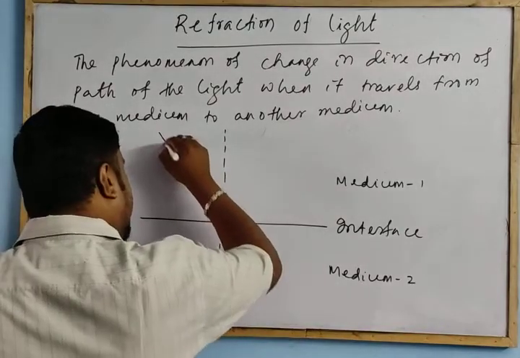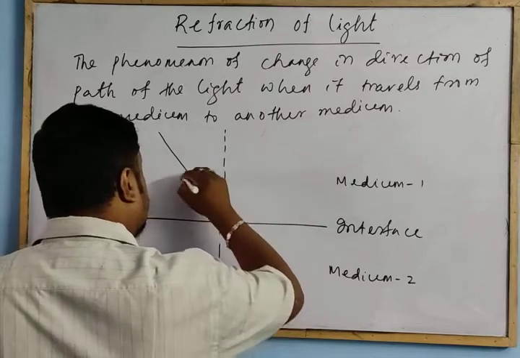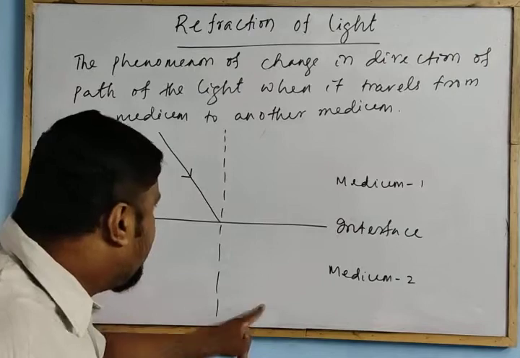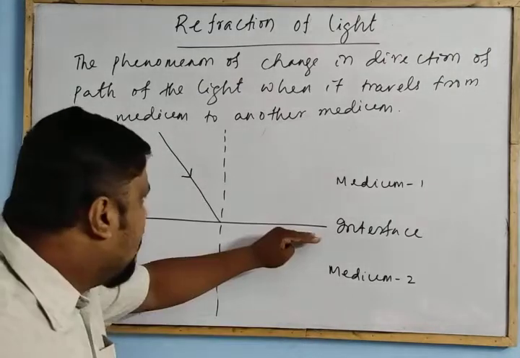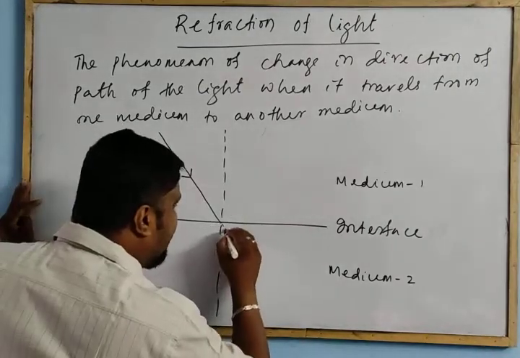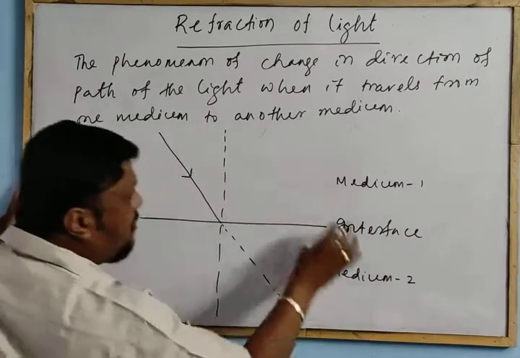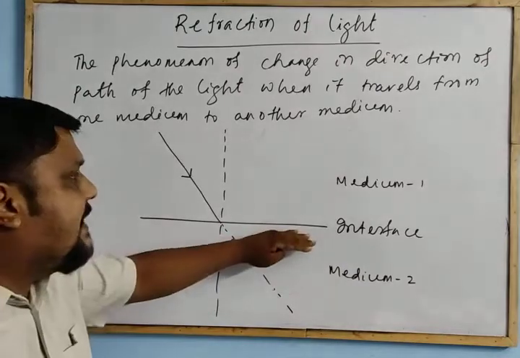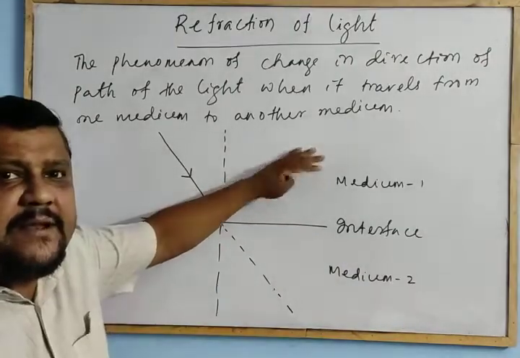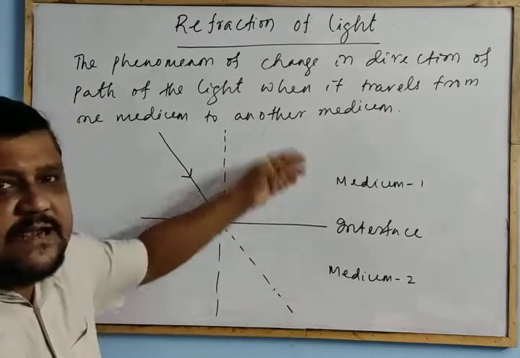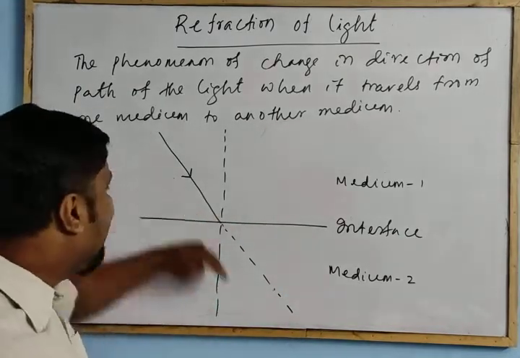When a ray of light travels from medium 1 to medium 2, if there is no interface, this should be the original path. There is no change in path, if the same medium is on both sides of the interface.